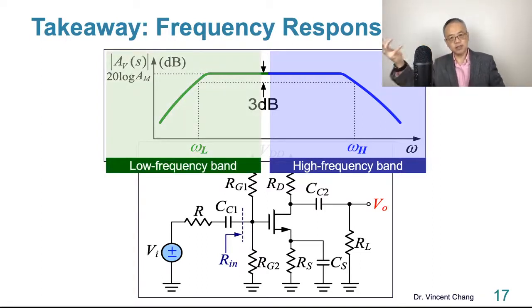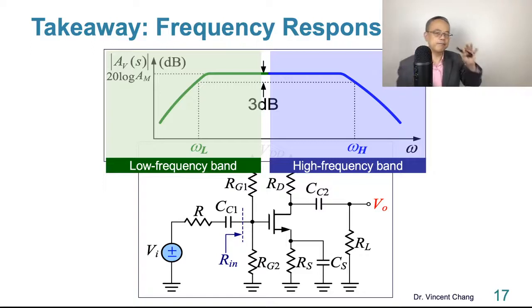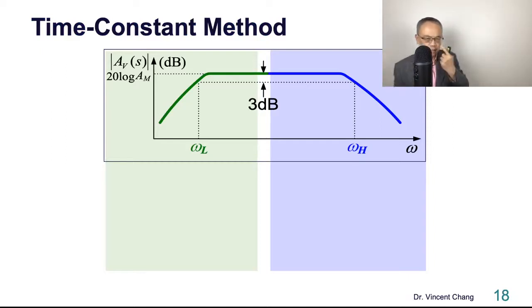The low frequency behavior is affected by the external capacitors, like the coupling and the bypass capacitors. In electronics, we are not very interested in the mathematical behavior when things get very ugly or complicated.